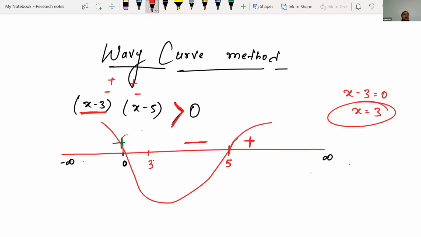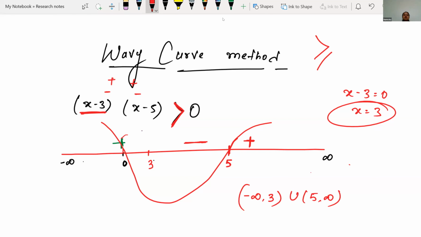Directly, without even taking the test point, we will just draw the number line, locate our points, and say that it has to be greater than 0. That means we need the positive ones, and the interval will be minus infinity to 3 union 5 to infinity. Here the greater than sign is there, greater than or equal to is not there, so we will take only open intervals. Directly, without even taking the test point, we get that.